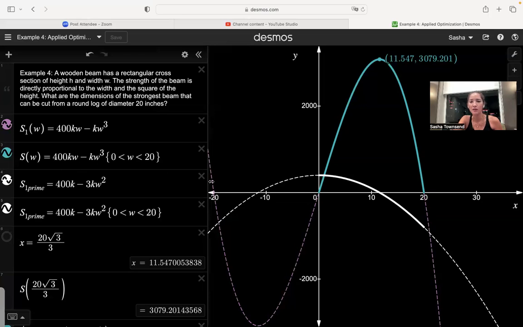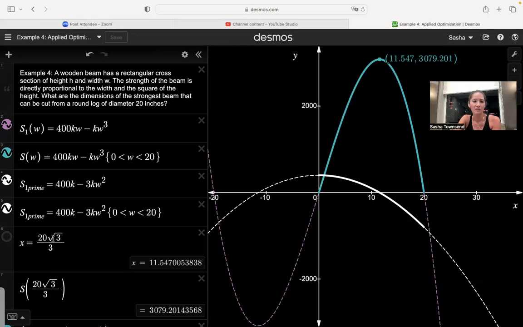We got a cubic polynomial for our strength function in terms of W. We differentiated very easily using the power rule. We set the derivative equal to 0 and solved for W. We kept the positive one because we're only interested in widths, which have to be positive numbers of inches.